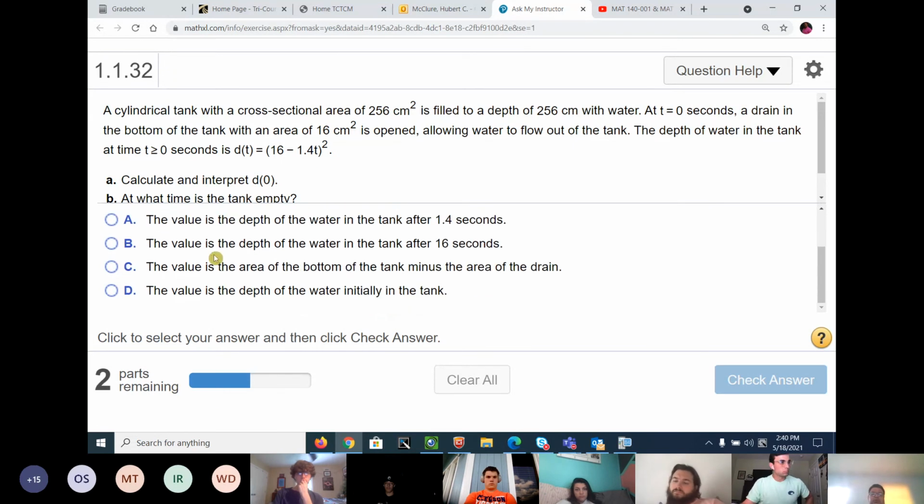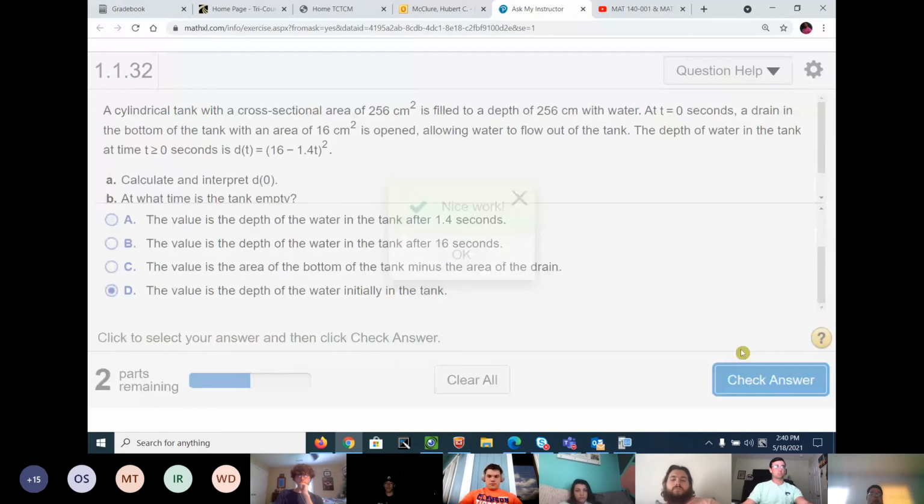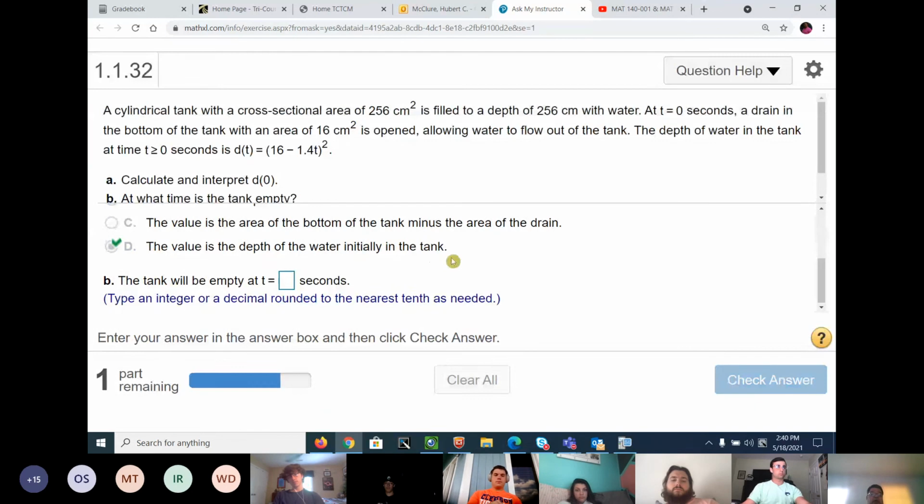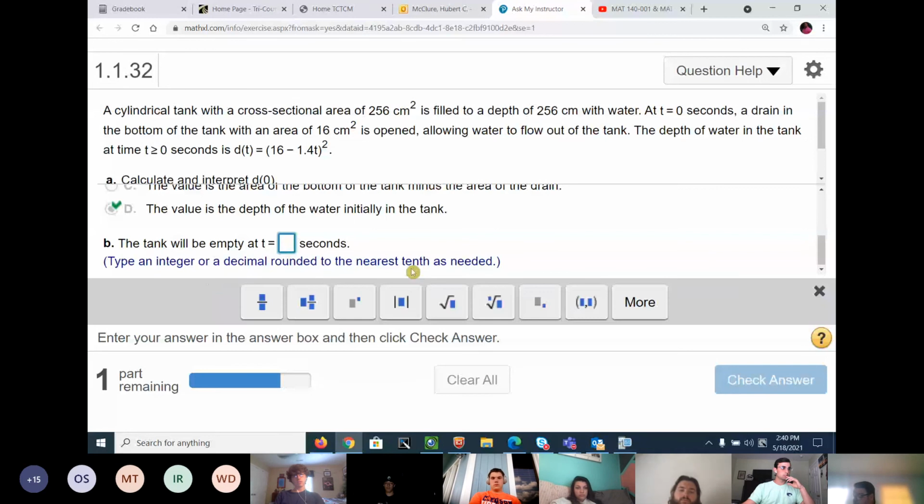That's what that is. The value of the depth is 256 feet when the water is initially drained. Okay, so I think it's delta. Now, at 11 point, it says round to the nearest tenth, 11.4 seconds.